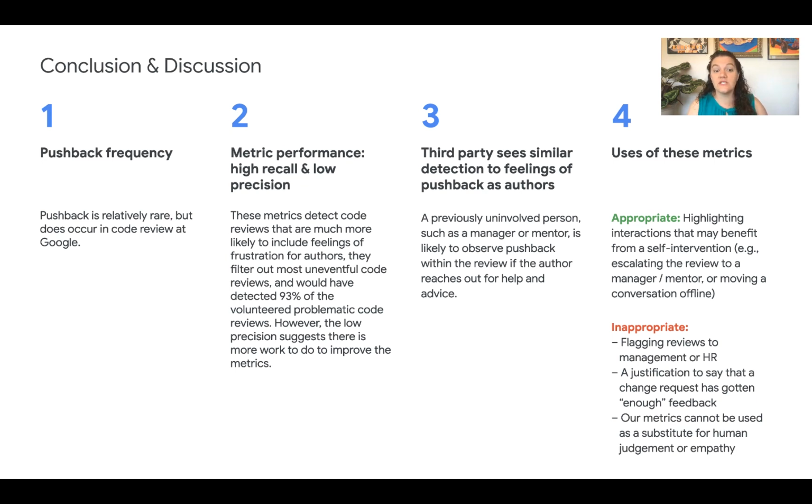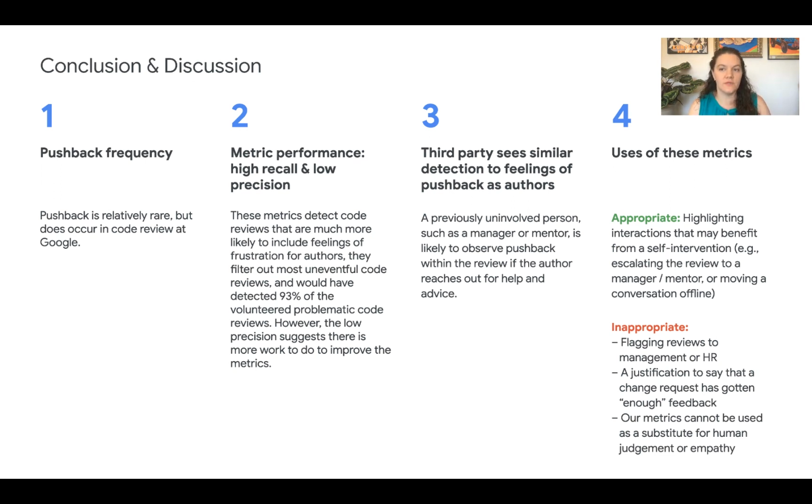However, the low precision that we see, flagging a lot of code reviews that are innocuous, does suggest there's certainly more work to do to improve the metrics. Third, we see that a third uninvolved party does see similar detection of feelings of pushback as authors. This means that a previously uninvolved person, such as a manager or a mentor, is likely to observe pushback within the review if an author reaches out for help and advice.